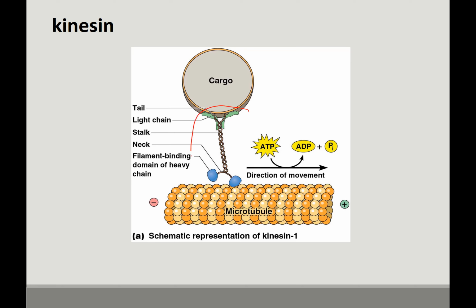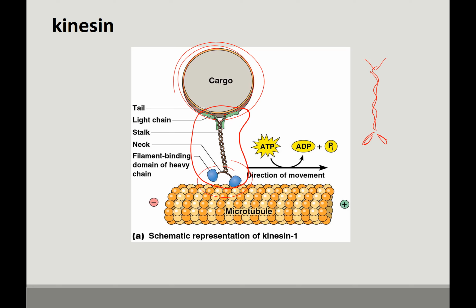Here, what I've circled is kinesin. So you're going to want to recognize that this has this light chain, heavy chain, kind of stick figure structure. On one end, it attaches to the cargo, and we'll talk about what that cargo can be in a minute.